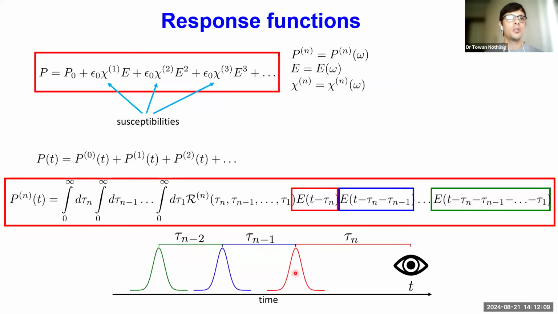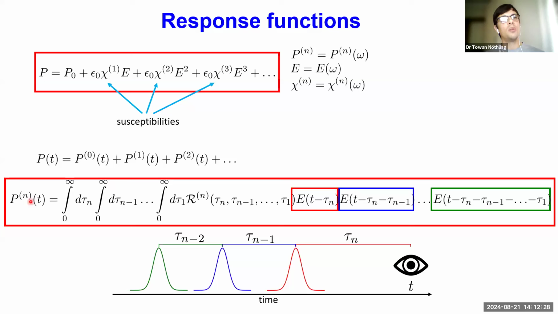So if we were to consider pulsed electric fields and we assume one interaction per pulse, then we can say that the nth order polarization has to do with interaction with these n pulses. So first with the green pulse, then with the blue pulse, and then with the red pulse.